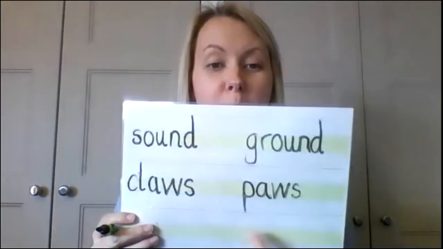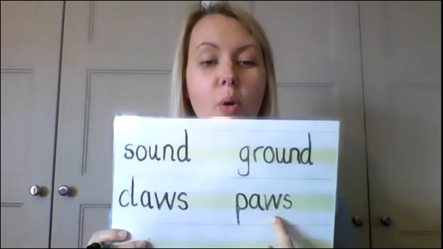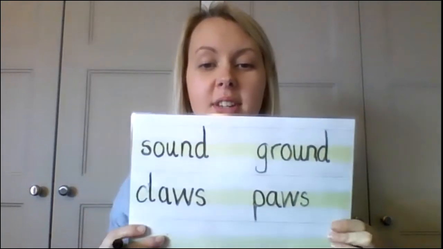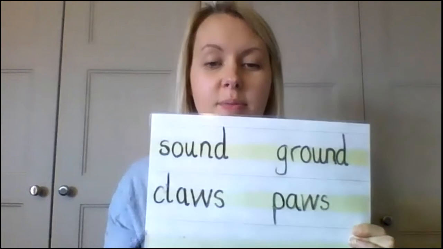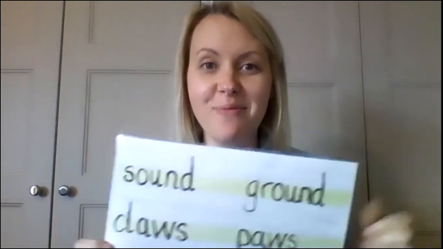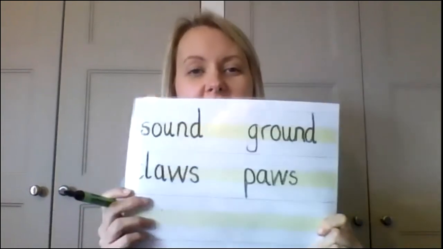I wonder if you can hear what my word is from my sounding there. Or. Claws and paws. And there they are. They both have our or sound, claws and paws. Again, well done. If you got that one, give yourself another tick.